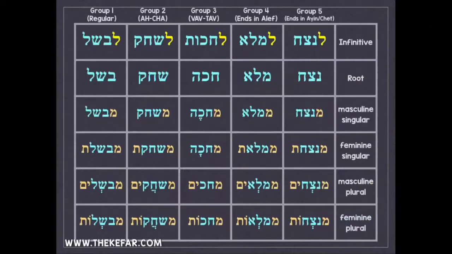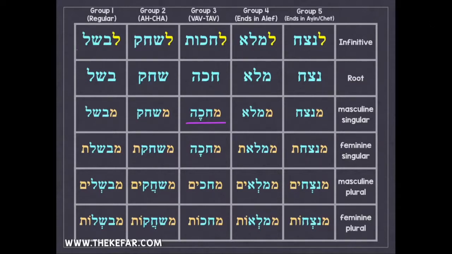And now looking at all of the PL verbs that we've done so far, side by side, when it comes to the masculine singular, they are almost all the same. The only difference really is with the vav tav verbs. So what you're doing is you're replacing the lamed in the infinitive with a mem.